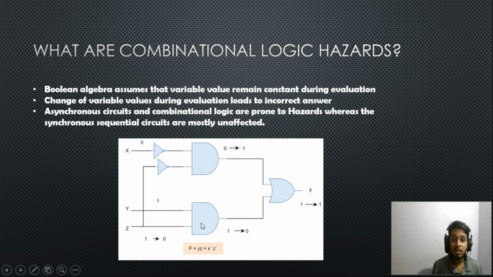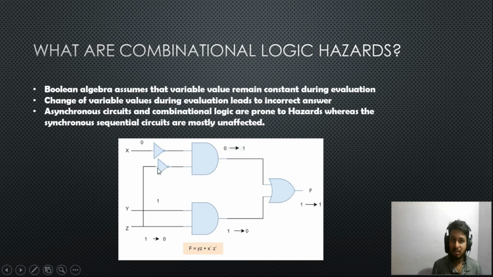So what can happen is that the signal Z has reached this AND gate first, which means this will definitely output 0, and the inverted signal, which is 0 of this Z, hasn't reached this input yet.